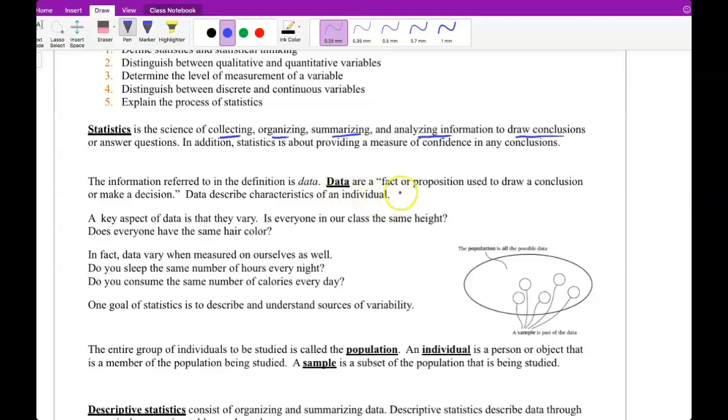Data are facts or propositions used to draw conclusions. So we're going to use all this data, or information that we collected. Using this information, we can draw a conclusion, or in other words, make a decision.